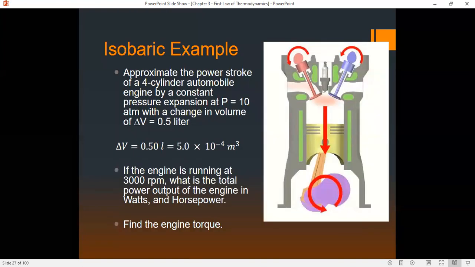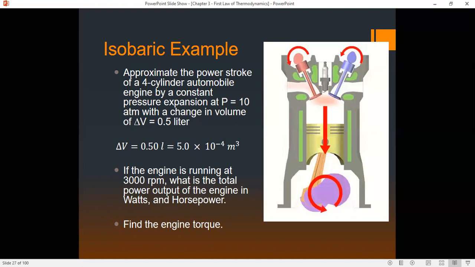Let's do an example of isobaric expansion. I know an internal combustion engine is not a fantastic example for this, but we're going to use it here. It'll serve its purposes. What do we have? Approximate the power stroke of a 4-cylinder automobile. Got to know a little bit about a 4-cylinder automobile.